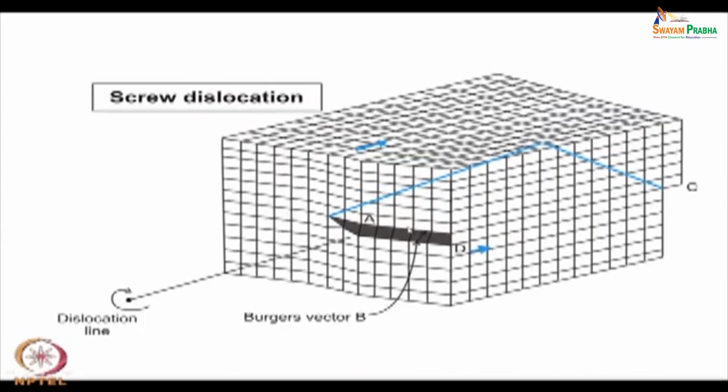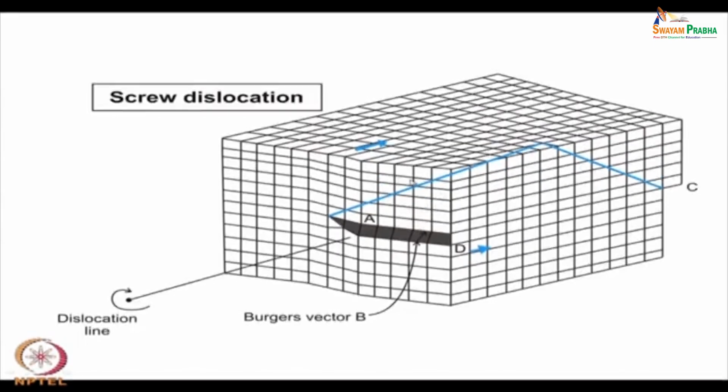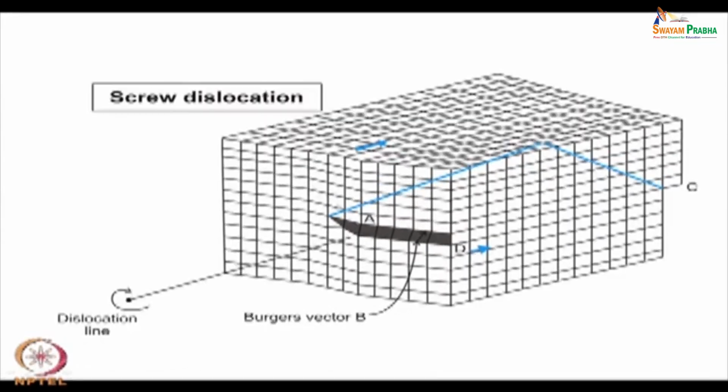So, you are applying not a uniform stress across this plane, but a more intense stress on the front portion of the crystal, whereas there is no stress on the back portion. So, you are distinguishing between two regions, one is the stressed region here and the back side is still not stressed.